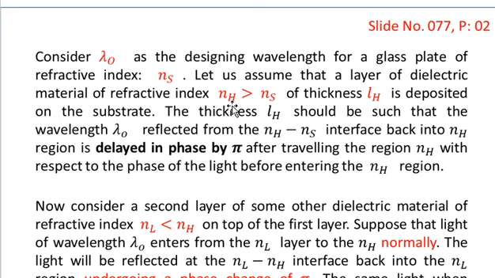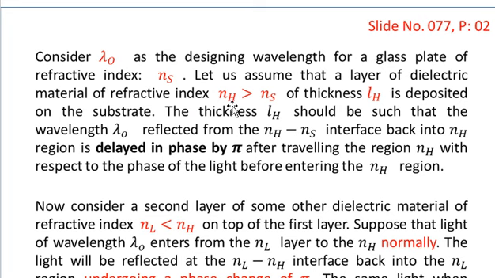Now look at phi 2, which is also equal to pi, but this phi is not due to any interface, but it is due to the distance that the light has traveled twice within the NH material. When the light from the NL material enters the NH material, the light will then be reflected.